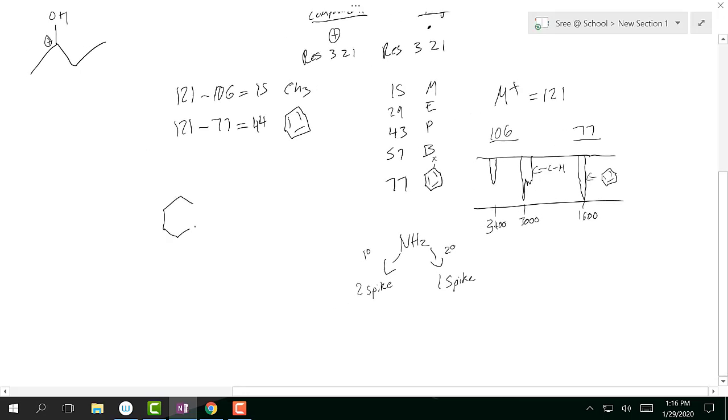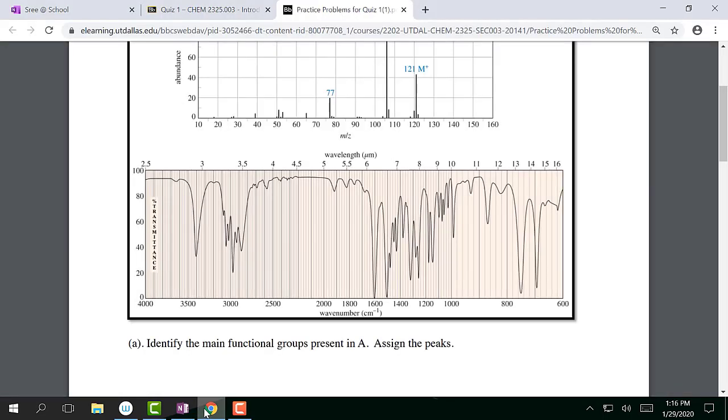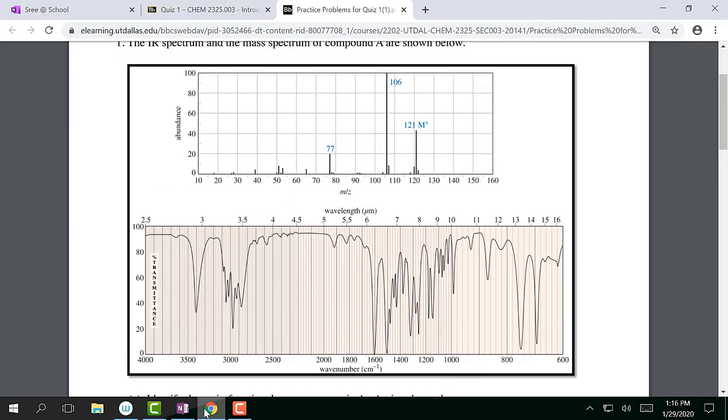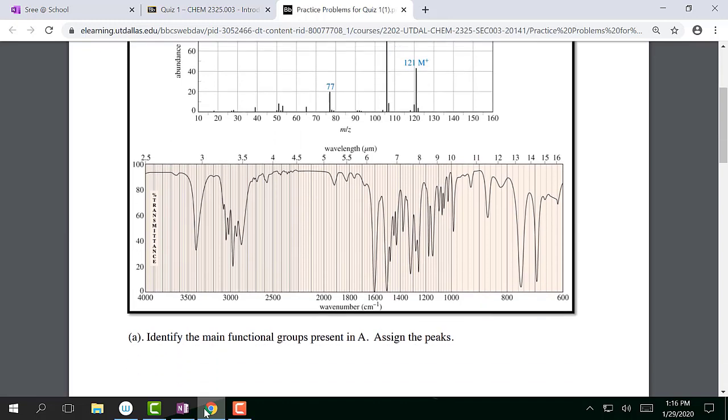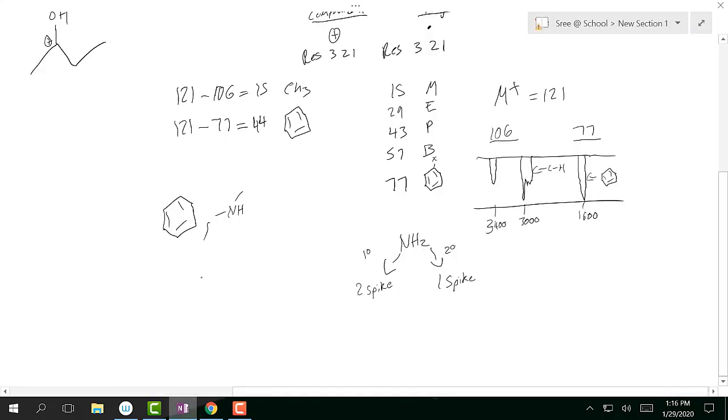So let's put together all the different things we know so far. There's a benzene ring, and then there's a secondary amine. If you try to add that up, the benzene ring is 77, and then a secondary amine, just the N and the H, is going to be another 15, because nitrogen is 14.